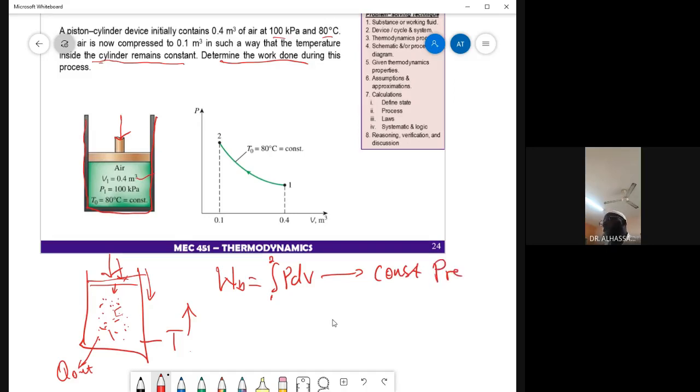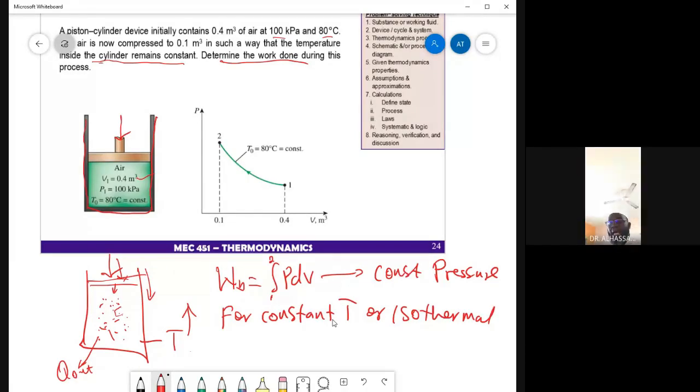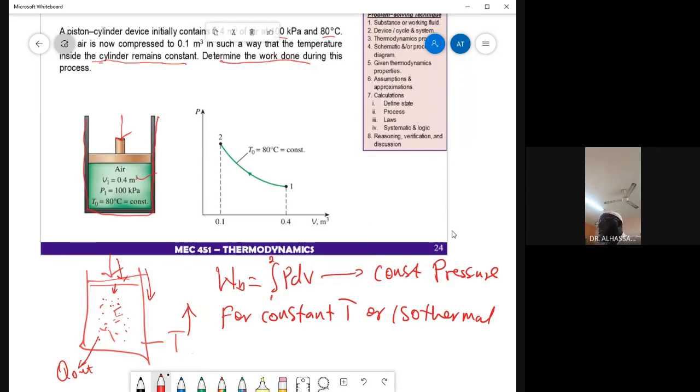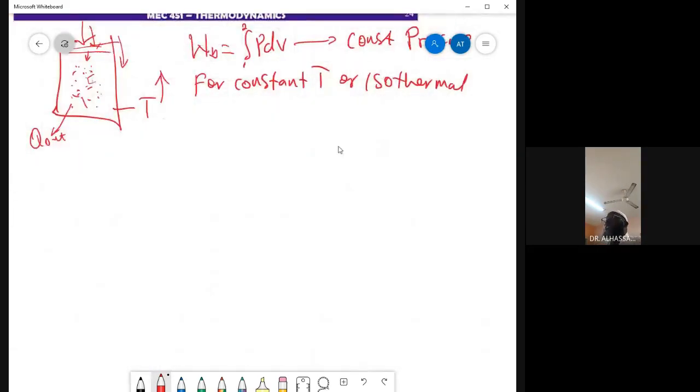Pressure process. But for a constant temperature process, or a constant temperature process is the same as what? Isothermal process. So it means that we have to know what is the appropriate equation for an isothermal process.